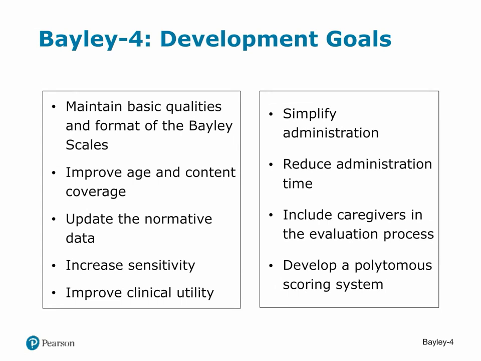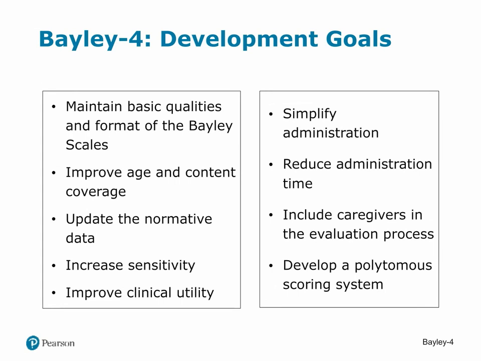If you are familiar with the Bayley-3, you know that the Bayley-3 uses a dichotomous scoring approach for the items on the cognitive, language, and motor scales. A score of 1 is assigned for an item when the child demonstrates the behavior described by the item. A score of 0 is assigned when the child's response does not meet the criteria specified by the item.